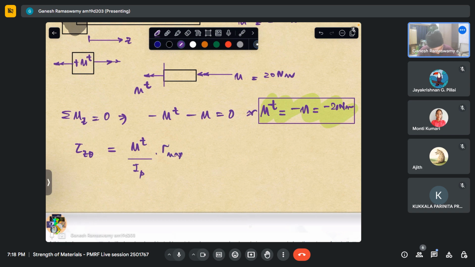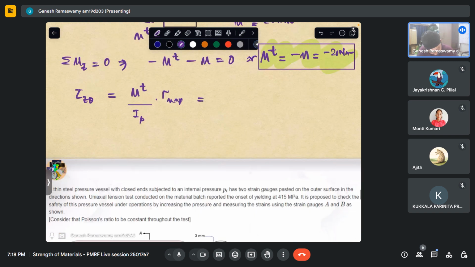This we already have seen when we were dealing with problems of twisting of shafts, design of shafts, which was 16 MT by pi d cube, because Ip will be pi d power 4 by 32, and this will be d by 2. So that is how this comes about. I have to account for this negative here, or let me not account for that now. When I plug in the final values, I'll account for that.